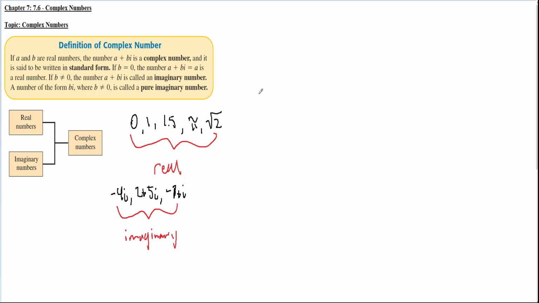If we wanted to find the equality of two complex numbers, say we have the square root of 16 plus the square root of negative 25, we can find out what that is. The square root of 16 is fairly straightforward, that's just 4.